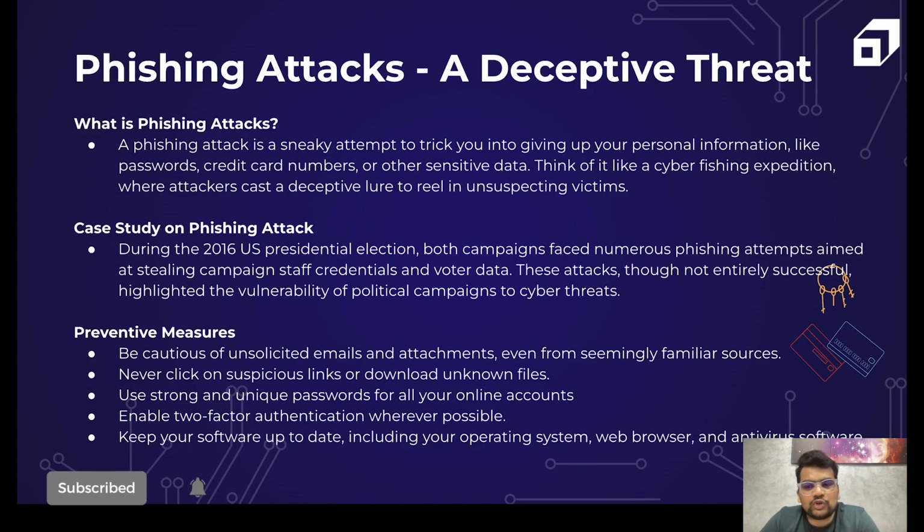These attacks were not entirely successful, but they highlighted the vulnerability of political campaigns to cyber threats. So this was one case study of a phishing attack.